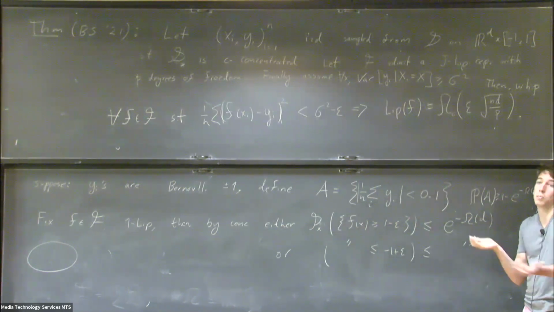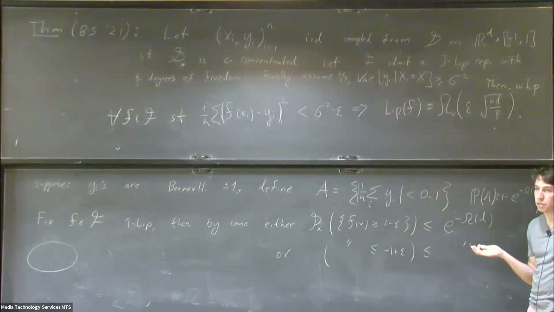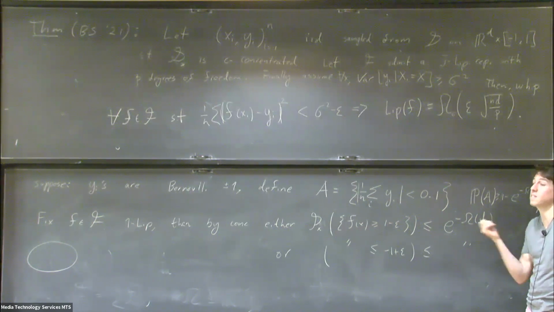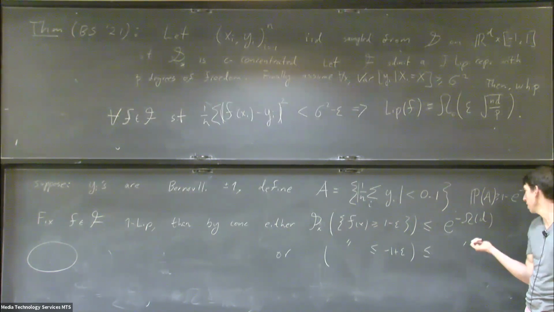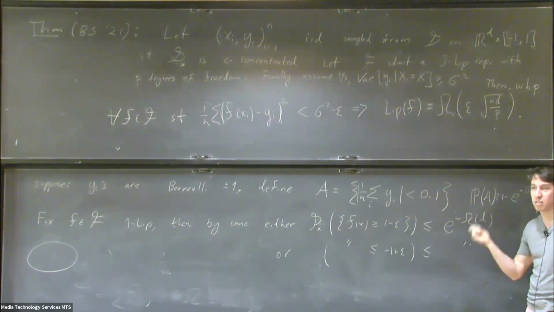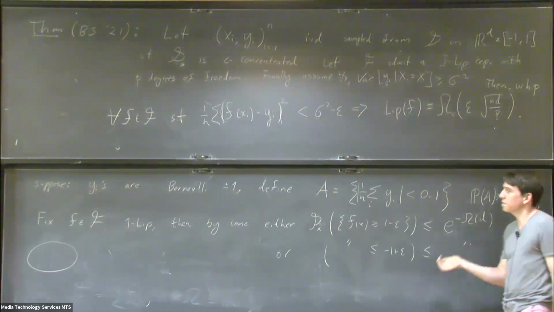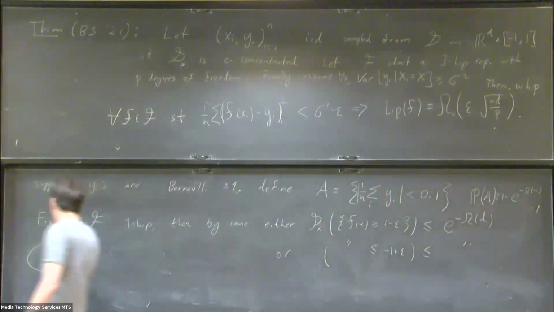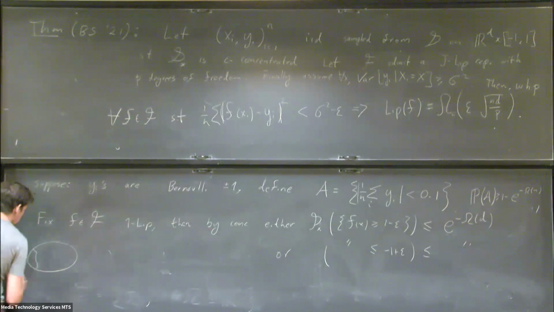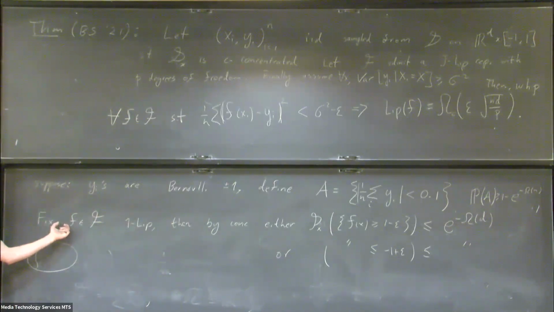Just because most points of f are close to the expectation, to be at distance 1 from the expectation costs e to the minus d. So either the set where it's close to 1 is very small, or the set where it's close to -1 is very small. And then we fixed f.